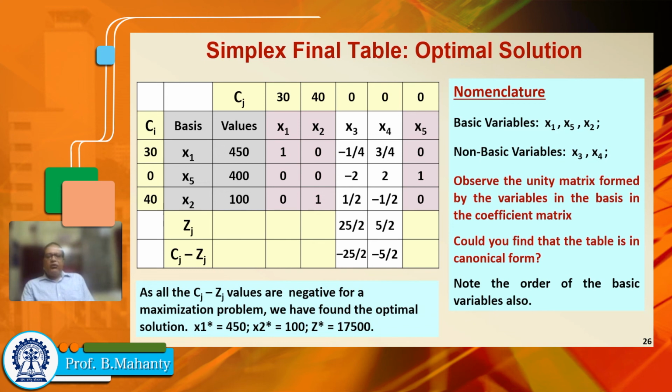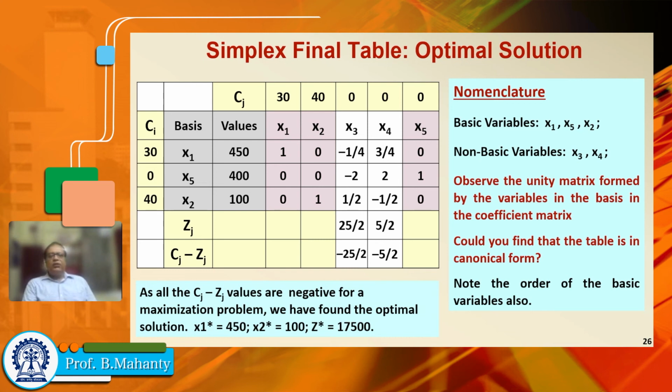So what are the shadow prices? There are three original resources x3, x4 and x5. Can you see the shadow prices are 25 by 2, 5 by 2 and 0 respectively. Is it all right? So that is one thing that you observe. And what is the B inverse matrix? The B inverse matrix obviously is this one, minus 1 by 4, 3 by 4 and 0, minus 2, 2 and 1, half, minus half and 0.